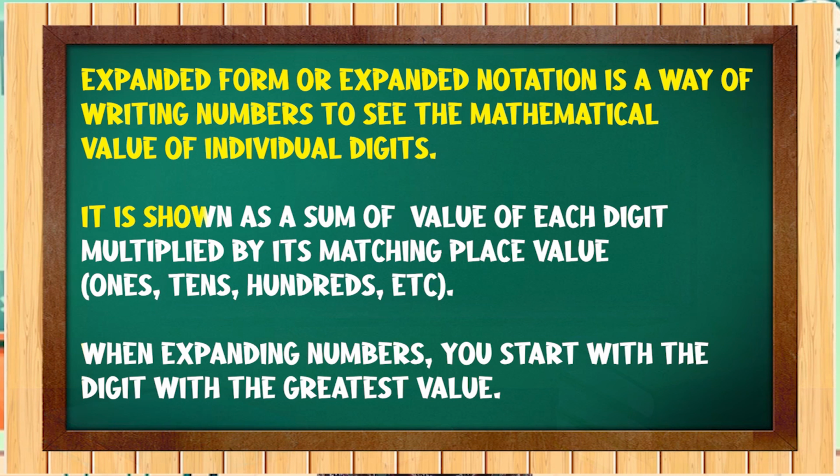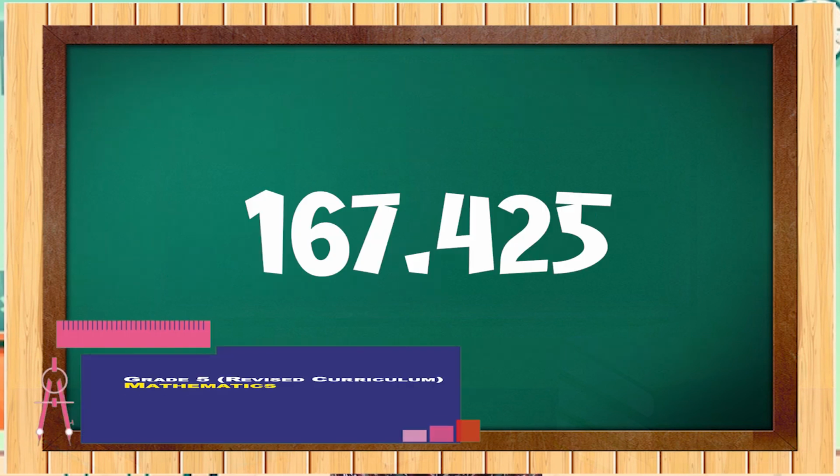It is shown as a sum of the value of each digit multiplied by its matching place value. Example, ones, tens, hundreds, thousands, etc. When expanding numbers, we start with the digit with the greatest value.